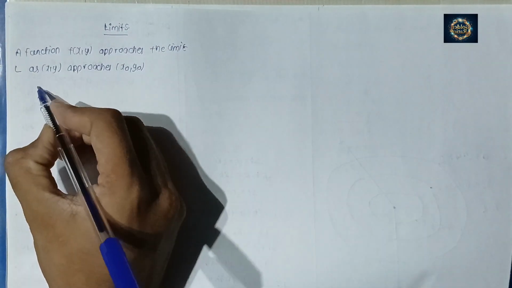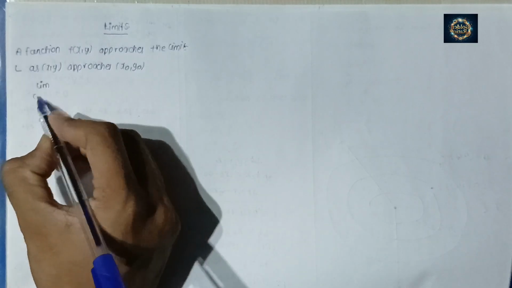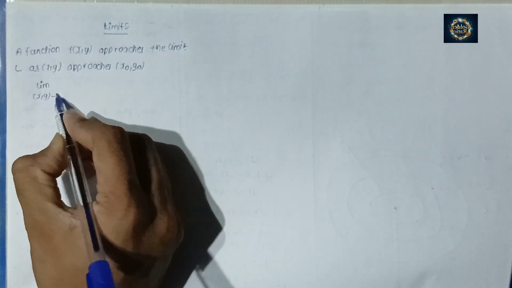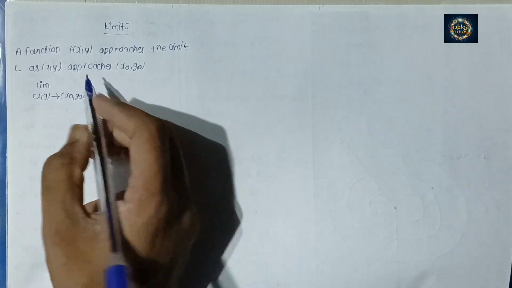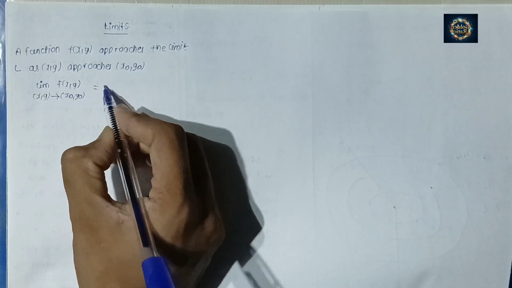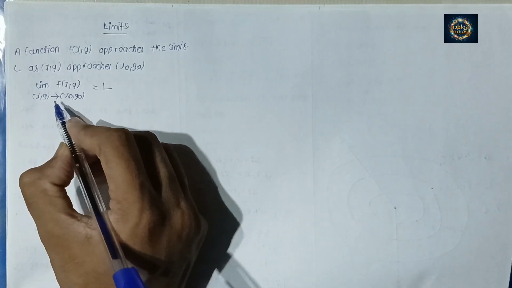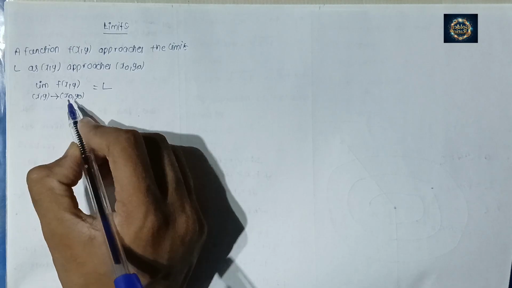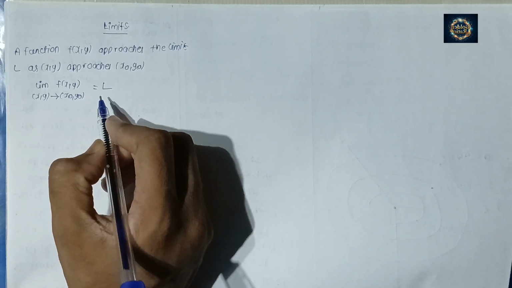So how are we writing the limit? This is the notation used to represent the limit, as the value x comma y approaches another value. We can find the answer if we replace x comma y with x naught, y naught: what will be the value of the function? That is called the limit of the function.